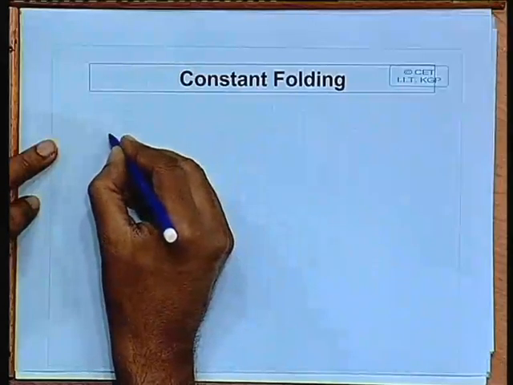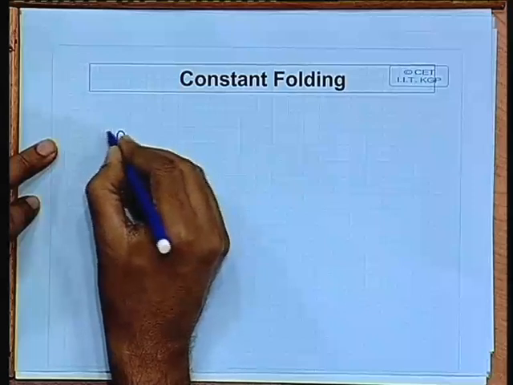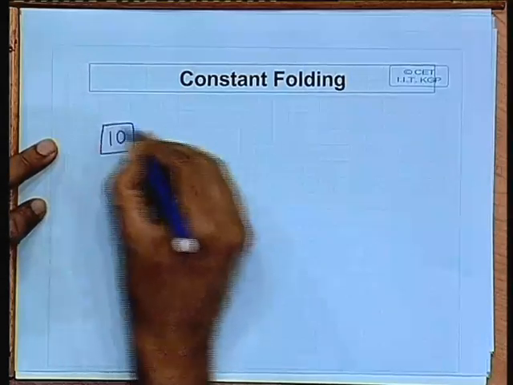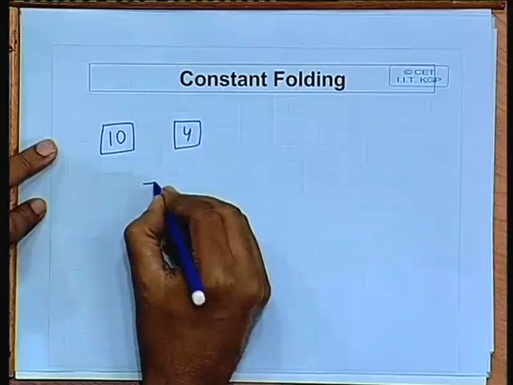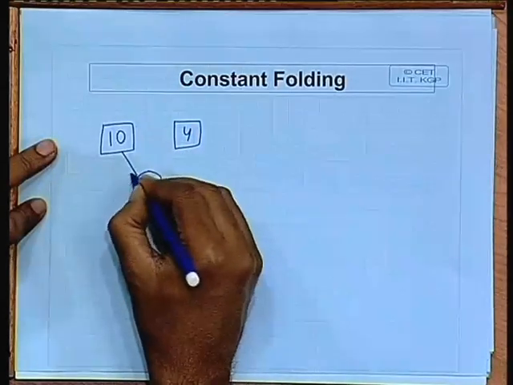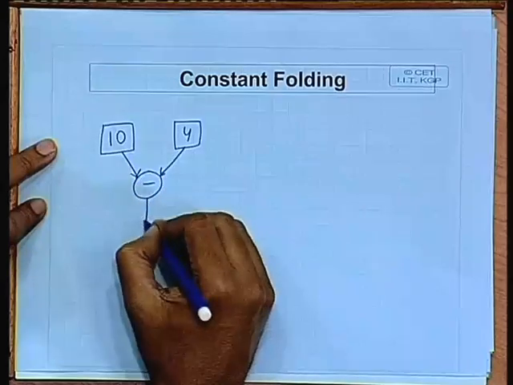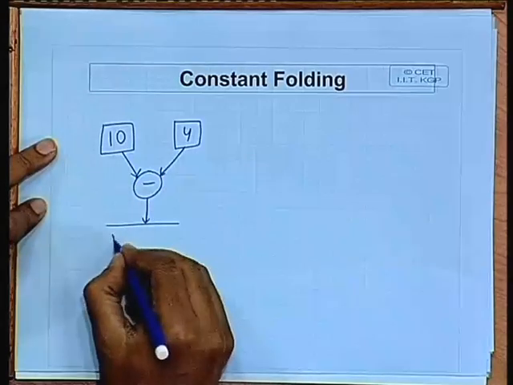Okay. First, let us try to explain constant folding. It is a very simple thing. It says that in many cases there is a portion of the CDFG which can be immediately evaluated. There is a constant 10 and a constant 4. Suppose there is a subtraction operator which you are writing somewhere.